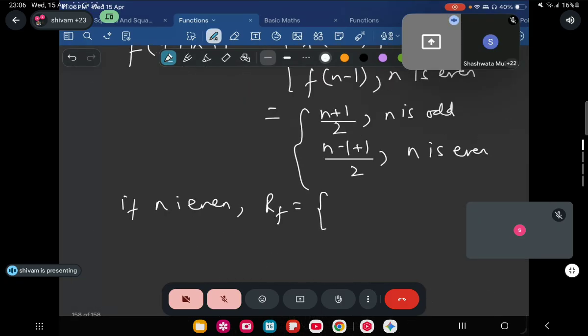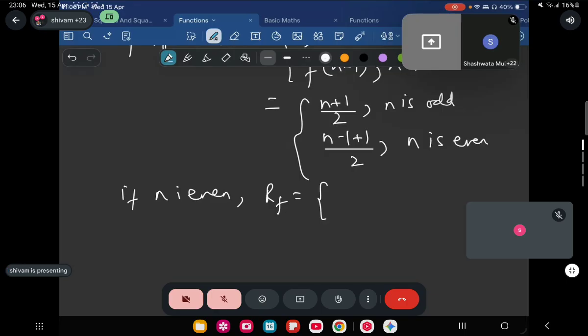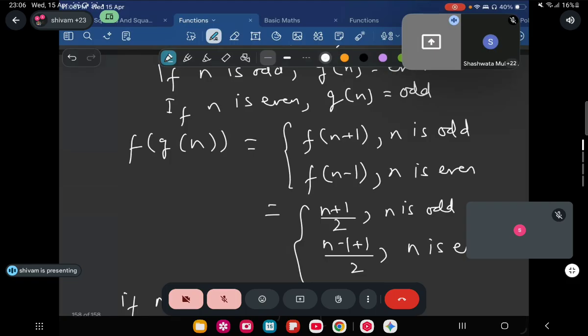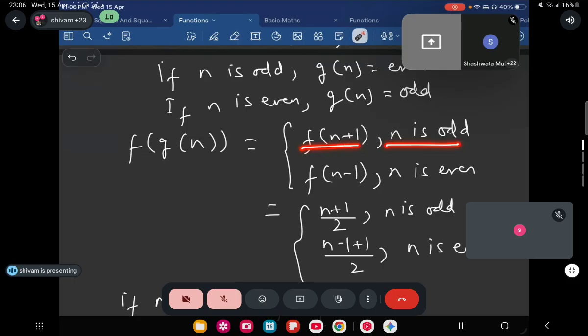So instead of n, we have to substitute. Wait a minute. I think I'm making some substitution wrong. Wait. f of g of n is equal to f of n plus 1 when n is odd. This one you understood? Yes, sir. Okay.